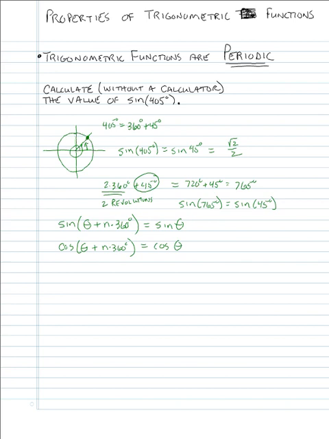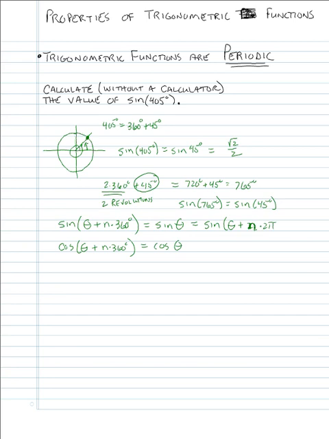Now, those could also be written in terms of not degrees, but radians. And of course, 1 revolution in radians is 2 pi, isn't it? So what this would look like in terms of radians is the sine of theta plus n times 2 pi.